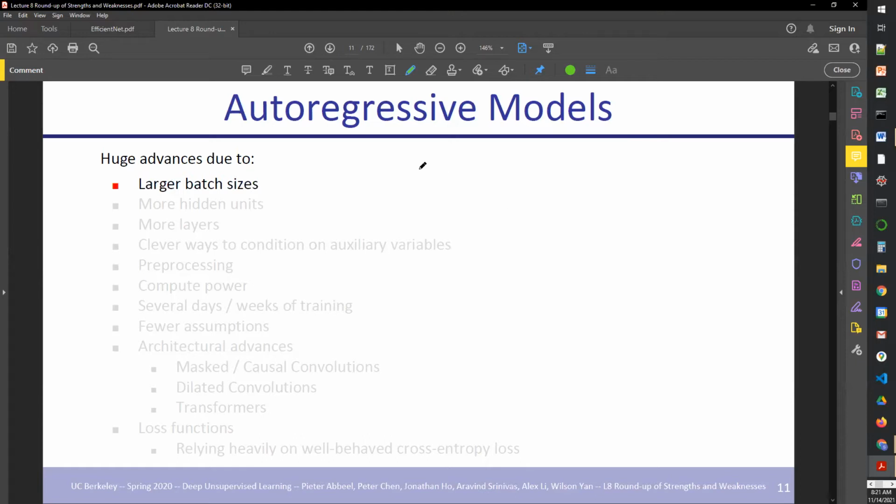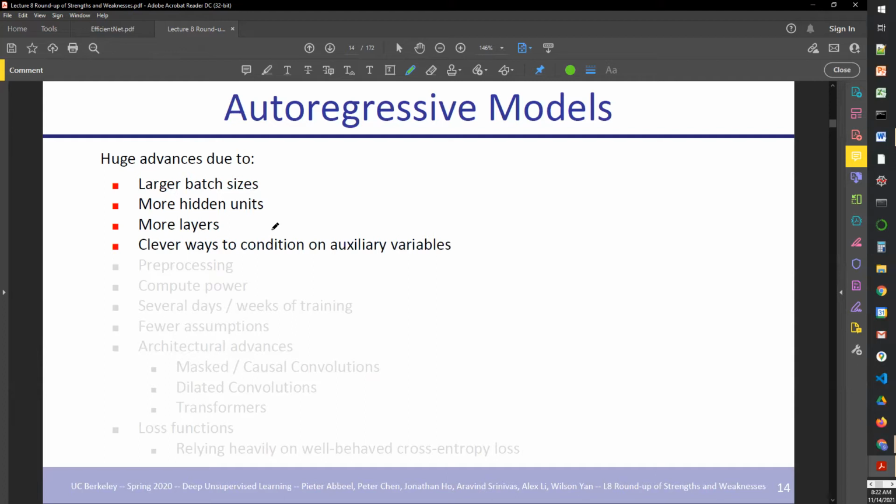Whenever we do sequential models, we are able to use larger hidden unit-based models and deeper models, which corresponds to more layers. There are also all kinds of clever ways to condition, like we've seen in the whole GAN, as well as in audio and text.